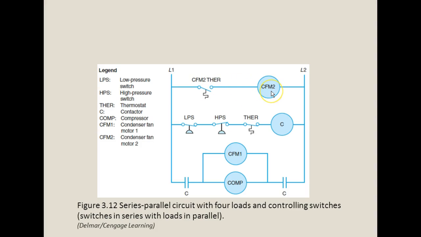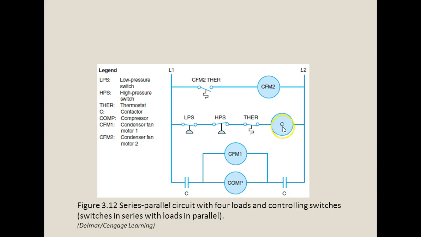And it goes to some load called CFM2, which is defined as condenser fan motor 2. Get down to the second circuit. I have a low pressure switch, a high pressure switch, a temperature switch, and a load labeled C, which I assume is compressor. No, take that back. Contactor. Okay, contactor.